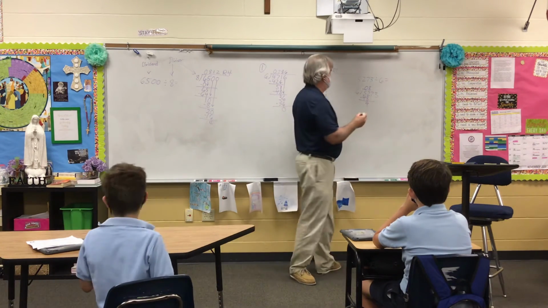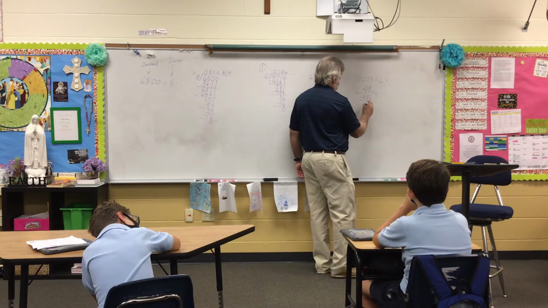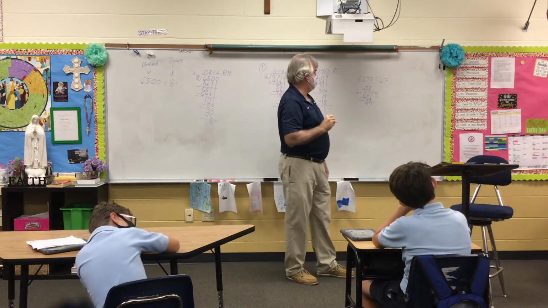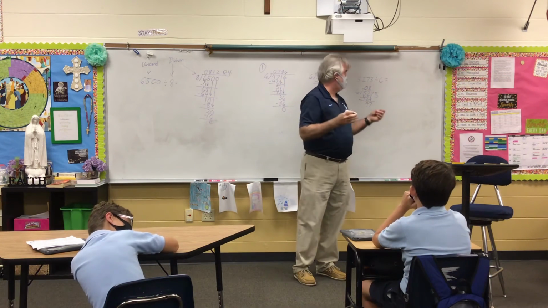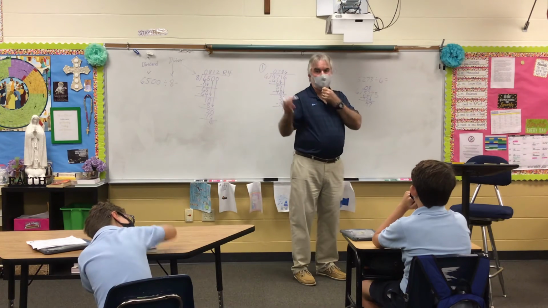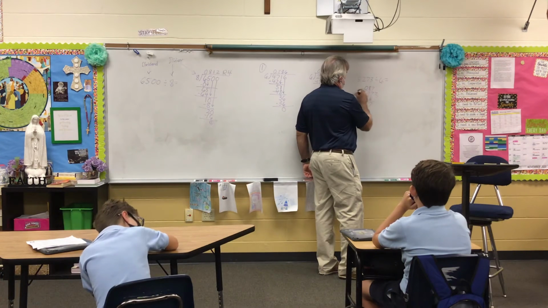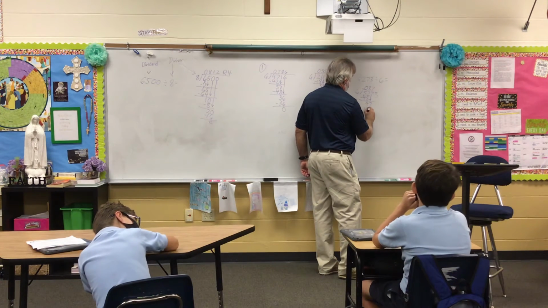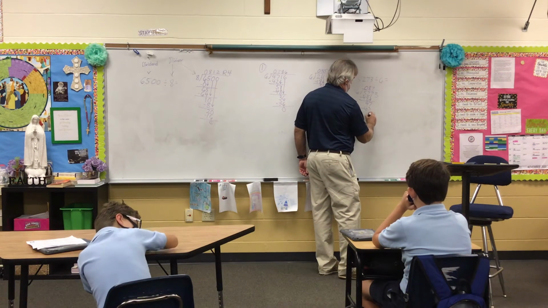Jackson? You bring the 7 down. Now, 6 goes into 47. Well, we figured out that 8 times 6 is 48. That's too much, so go down 1 would be 7. 7 times 6 is 42. Subtract. And I get 5.